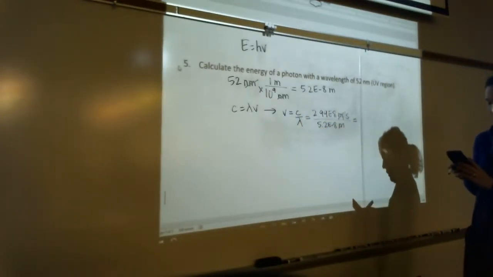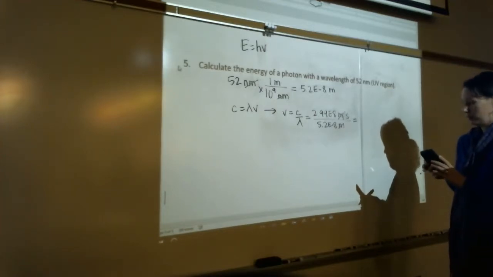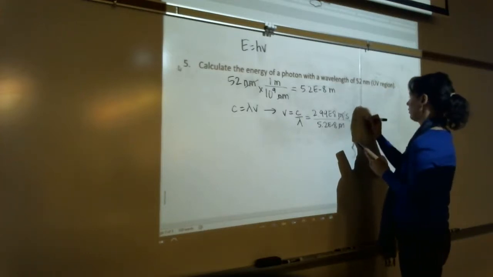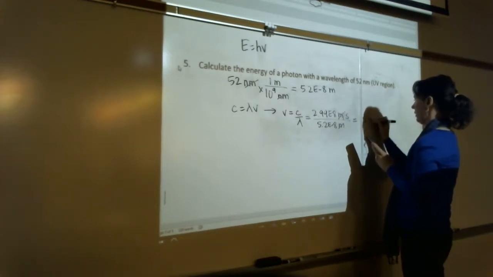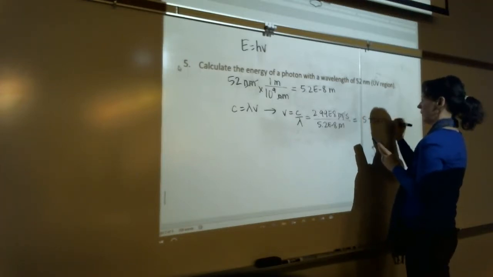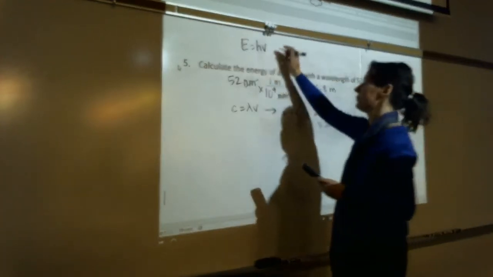So 2.99 times 10 to the 8th divided by 5.2 times 10 to the negative 8. We'll carry out an extra decimal place. We can round at the end. 5.75 times 10 to the 15th hertz. Now we're ready to plug in, right?